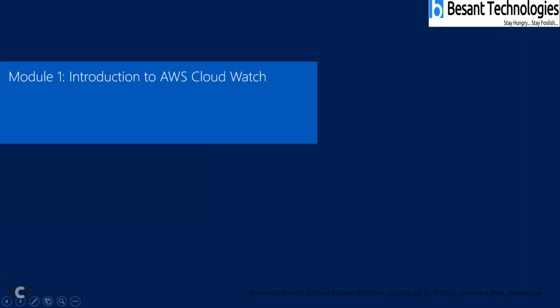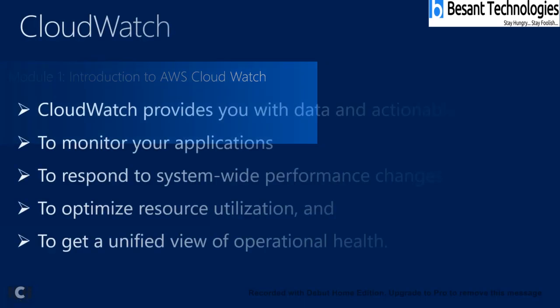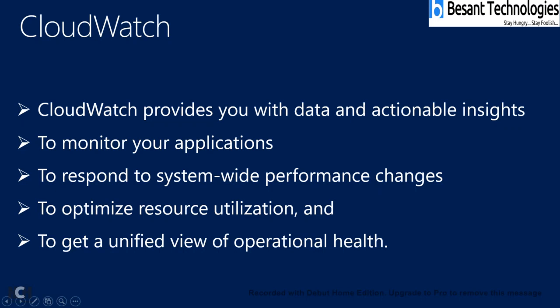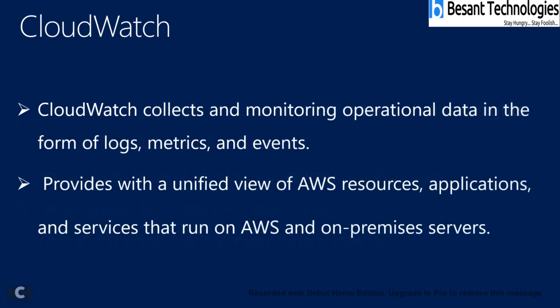Today we will discuss an introduction to AWS CloudWatch. What is CloudWatch? CloudWatch provides you with data and actionable insights to monitor your applications, to respond to system-wide performance change, to optimize resource utilization, and to get a unified view of operational health of your infrastructure.